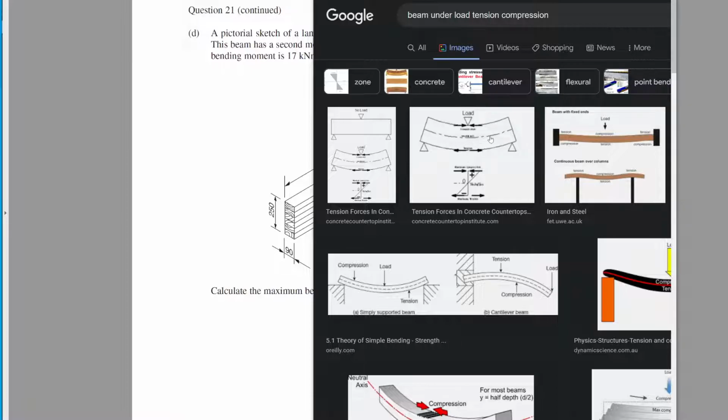This line is under no bending stress. The distance from that line to the fibers under maximum tension or maximum compression is what we should use. Typically, if we're not sure which one to use, we should use the bigger of those two values, which will give us the lower number, which is the safer number.